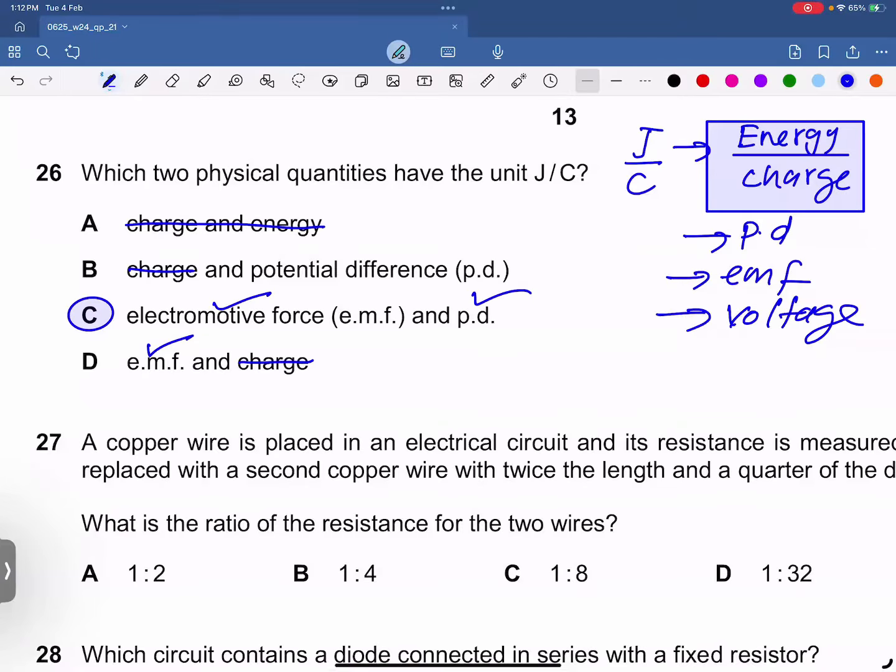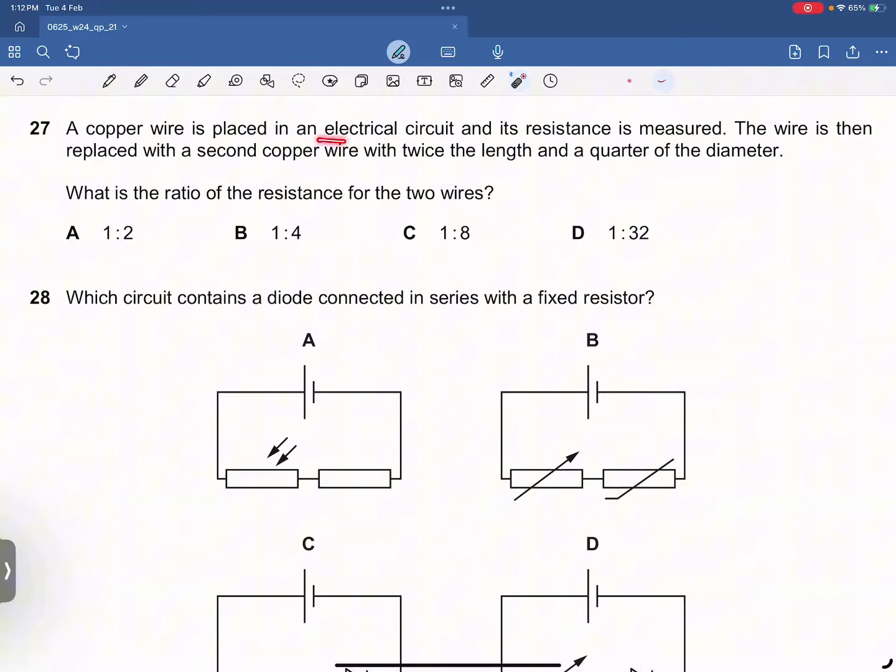We proceed to question number 27. A copper wire is placed in an electrical circuit and its resistance is measured. The wire is then replaced with a second copper wire with twice the length and quarter the diameter.